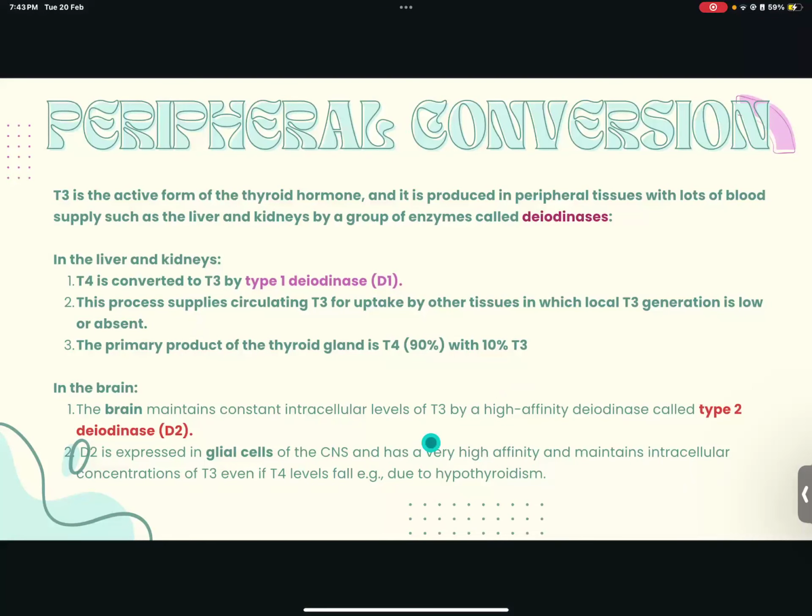It has a very high affinity and it'll help to maintain concentrations of T3, even if you don't have enough T4 in the blood due to hypothyroidism. Now, remember how we said the brain is a really important organ and it requires lots of thyroid hormone. So type 2 deiodinase makes sure that the brain always has constant levels of T3.